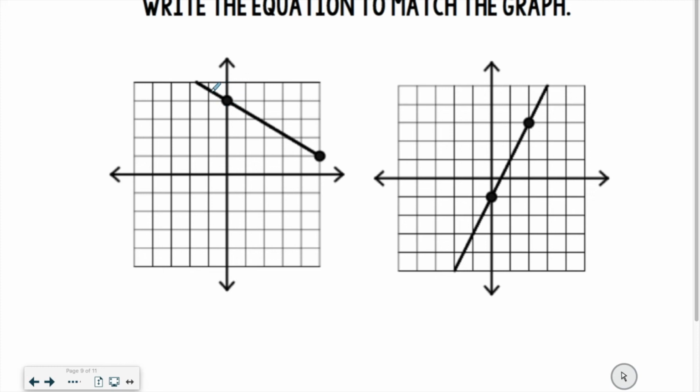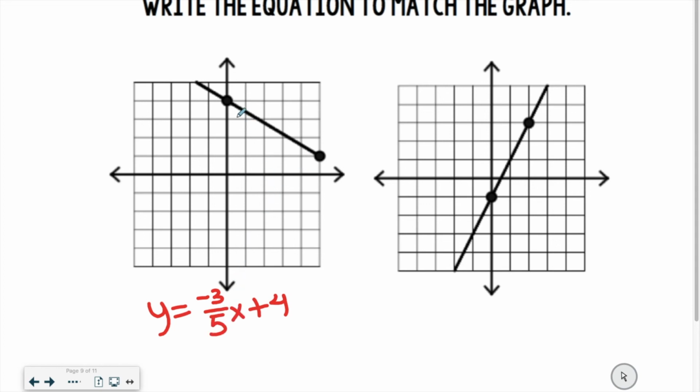So you can start with your y-intercept, and we have y equals, our y-intercept is 1, 2, 3, 4, so we're going to have a plus 4. But then to get to this point over here, we had to go down 1, 2, 3. So that's down 3. And over 1, 2, 3, 4, 5. So running 5.